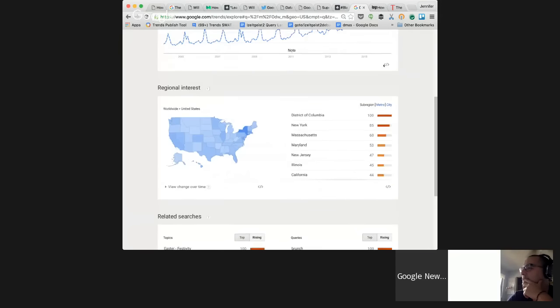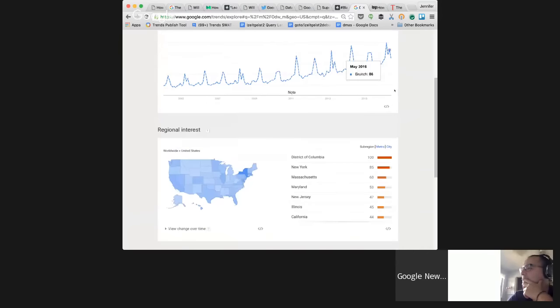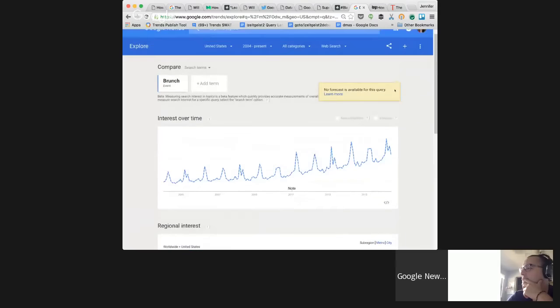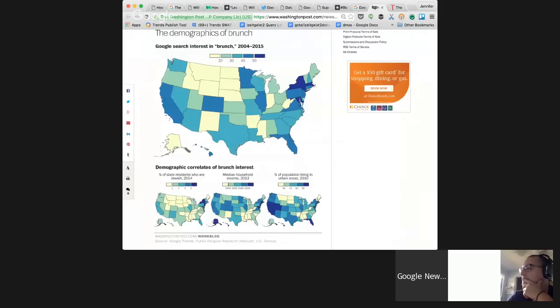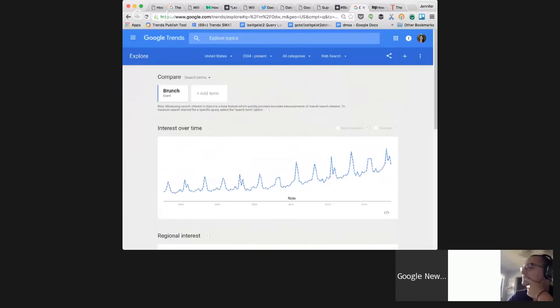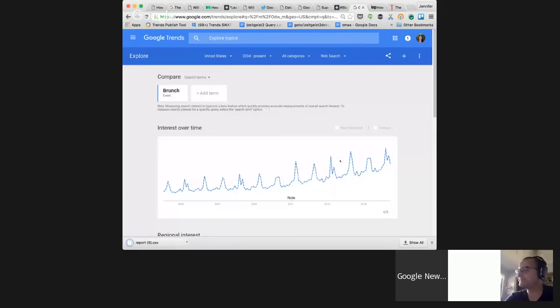So what was really great about this was it utilized data directly from our Explore page, and it didn't need to be a very complicated dataviz, but it was able to add in additional components by adding in other layers of data like US Census data. And then also just to share, if you wanted to download this data, you would just need to click on the top right, and you could download everything on this page as a CSV, and you'd be able to incorporate it into another data visualizer of your choice.